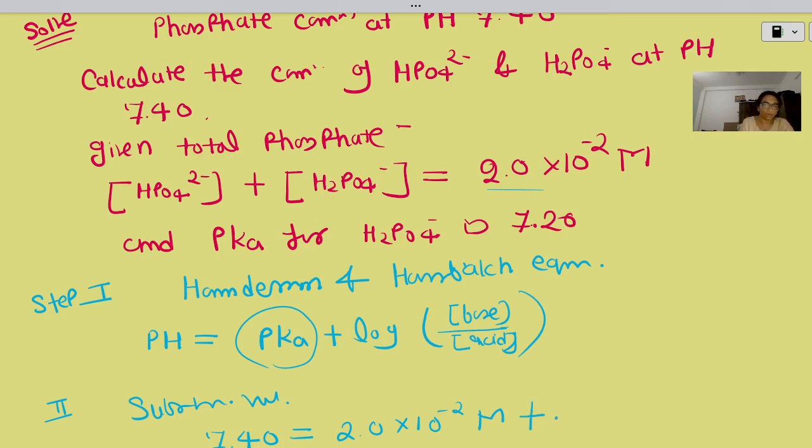The log is the concentration of HPO4, which is basic in nature, upon the acid, which is H2PO4. It is the concentration of base and acid according to the formula.